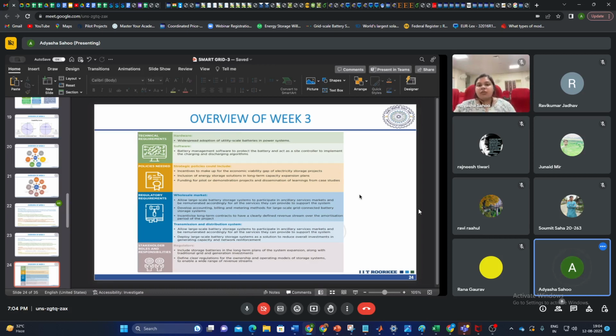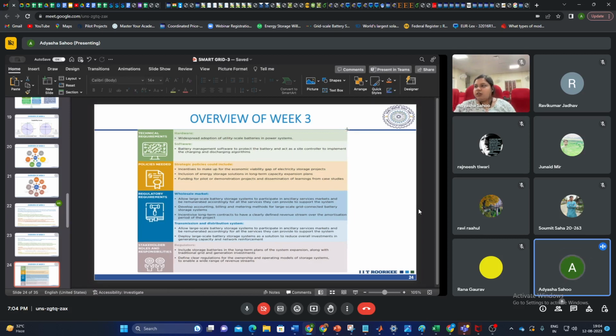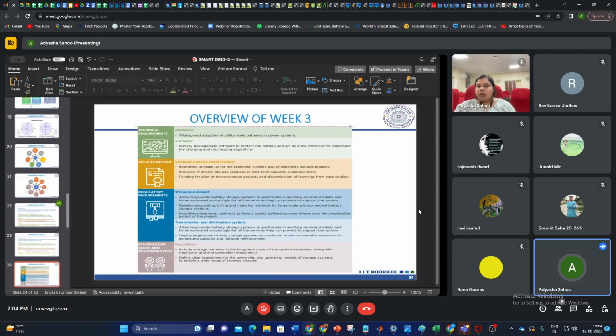Firstly, we need some technical requirements. Will anyone want to share their thoughts on how we can deploy these technologies, what reforms we need to have, or what are their views on these energy storage technologies?